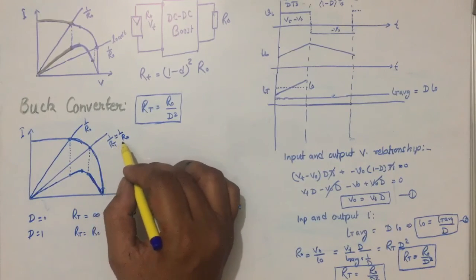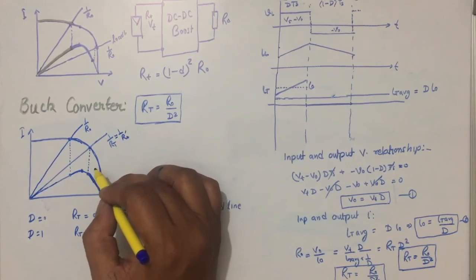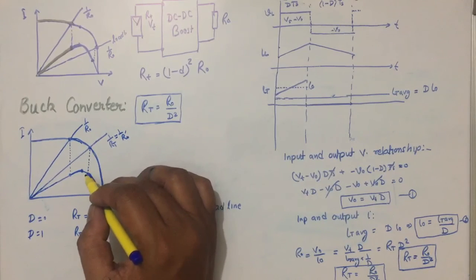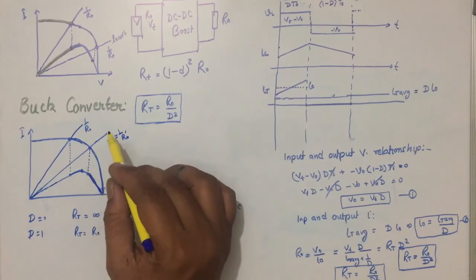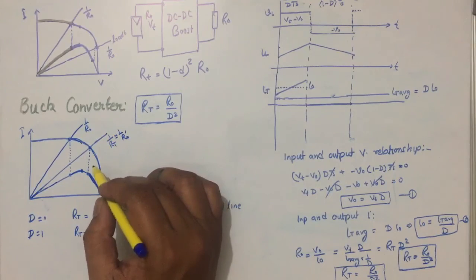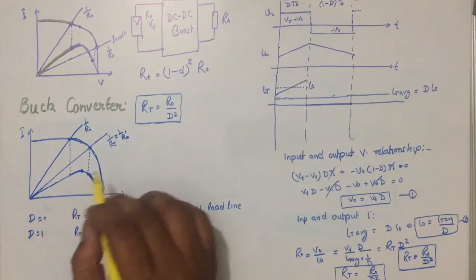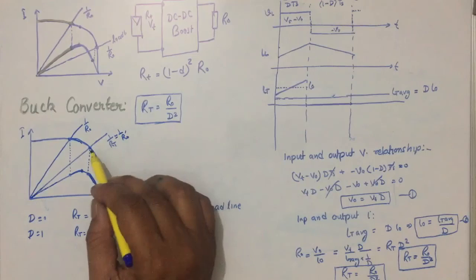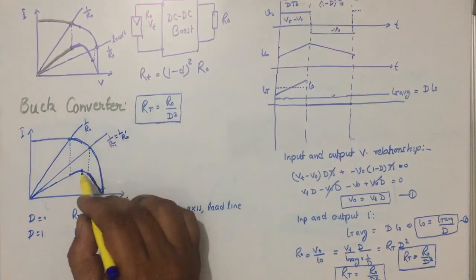So if R naught is this one, then R naught dash we can say, in that case only this range can be achieved. So this point cannot be achieved anyway with the variation of d. So just the variation of d is not sufficient to achieve up to this point if load R naught is connected, and in that case the operational point is this, meaning right side towards the maximum power point.